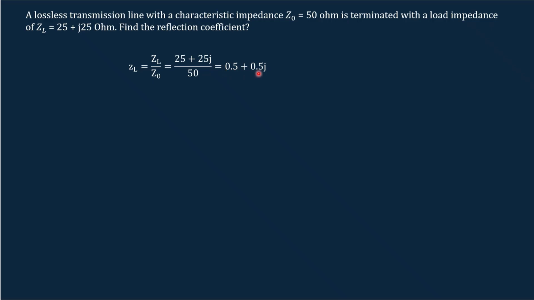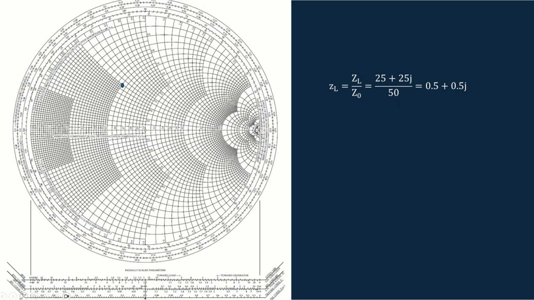Our next step is to mark this point on the Smith chart. So this is the 0.5 constant resistance circle and this is the inductive reactance value. Mark that point here.